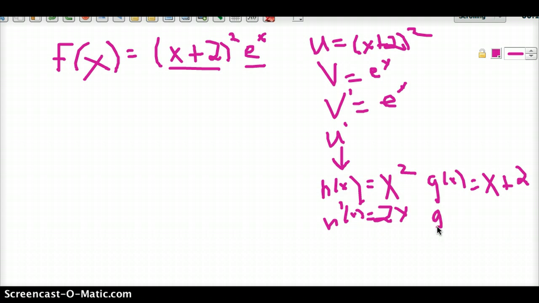And g prime of x is equal to 1. And we do h prime of g of x times g prime of x for the derivative of u. So it'd just be 2 times x plus 2 times 1.